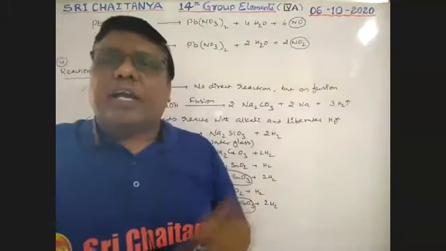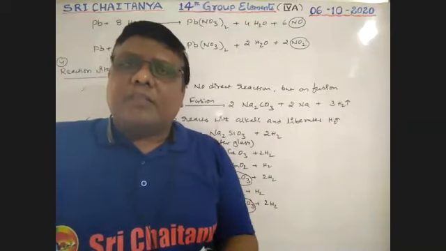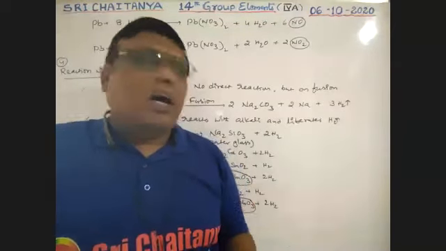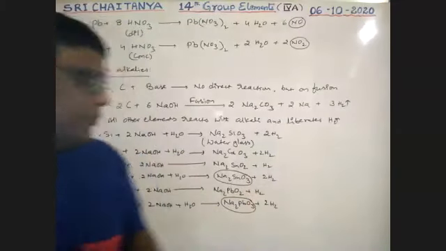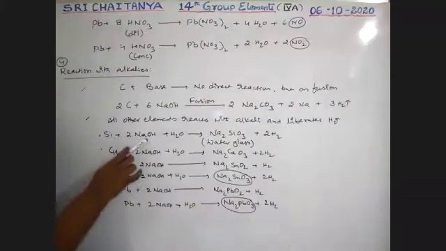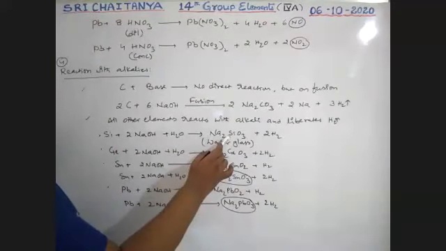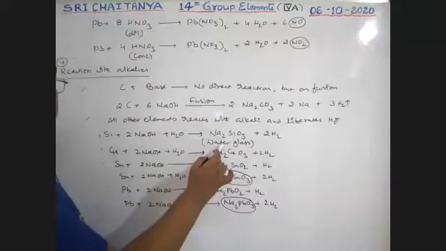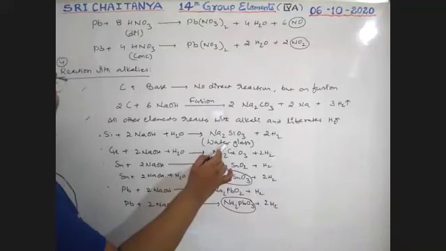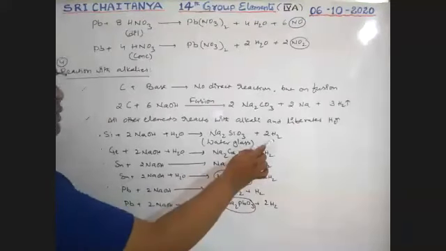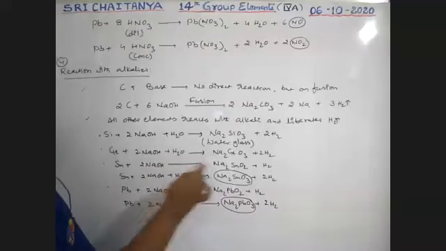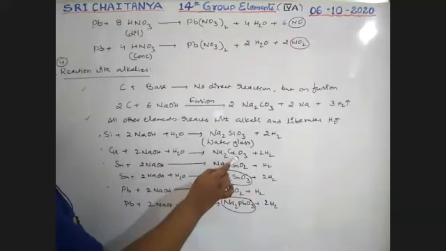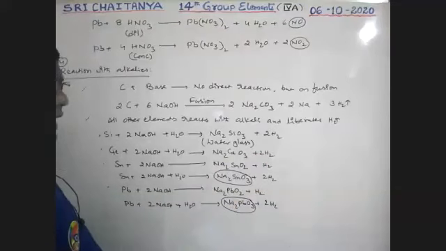Very, very important reaction. But the other elements, when they react with NaOH, all liberate hydrogen gas. See here, silicon reacts with NaOH and gives sodium silicate, commonly called water glass, along with hydrogen gas. Next, germanium reacts with aqueous NaOH solution and gives sodium germanate with liberation of hydrogen gas.